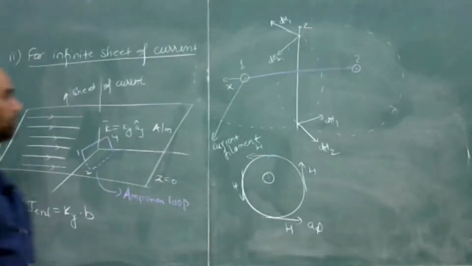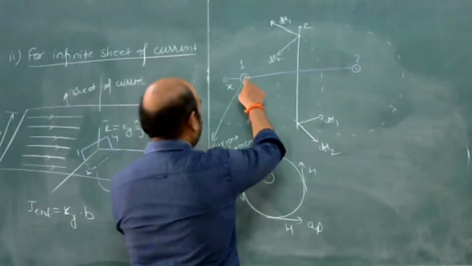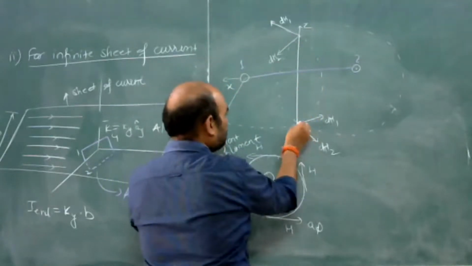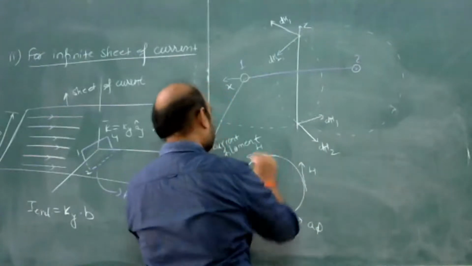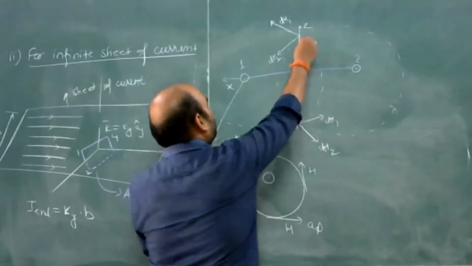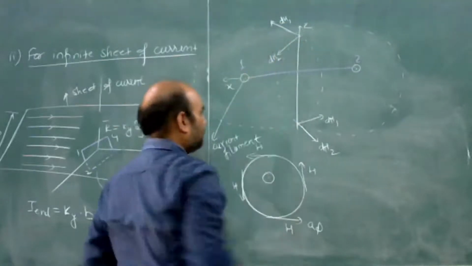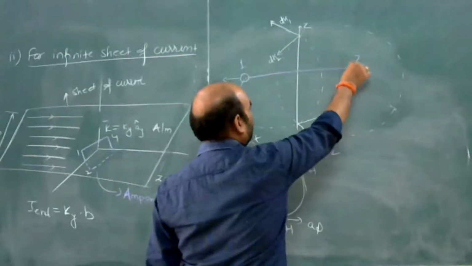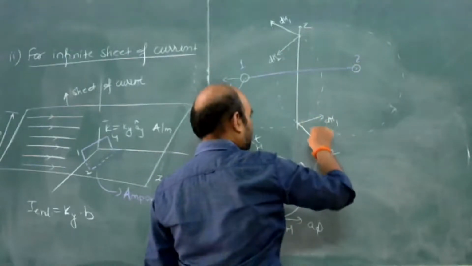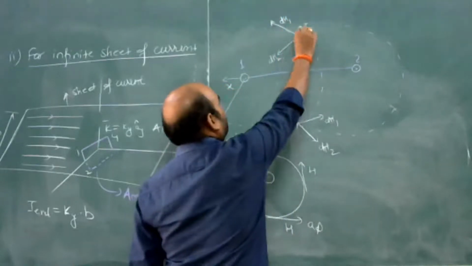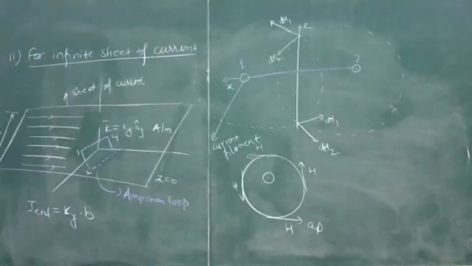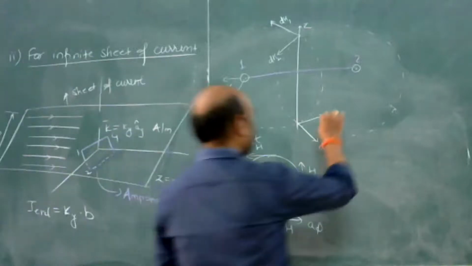So when we consider this filament 1, this will be the direction of its magnetic field. H is always tangential to this point, so this is DH1. And if you consider this violet color for filament 2, it is tangential to this point. So we are getting these two differential magnetic fields DH1 and DH2, and the resultant will be in this direction.